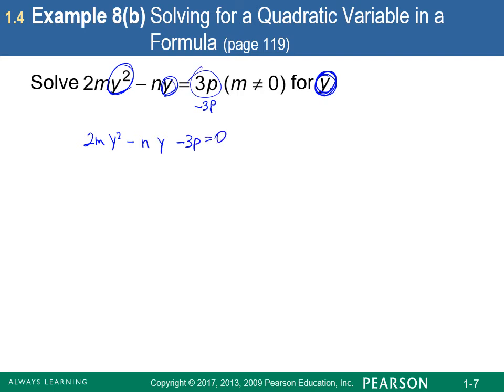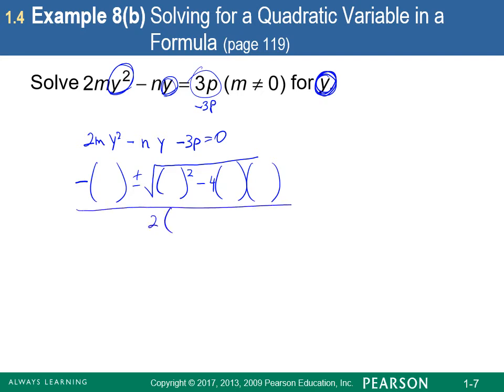Now, the quadratic formula, I'll just write out the blank version here. And again, you can look at your formula sheet and write out what I'm about to write straight off of the formula sheet. So the quadratic formula says negative b plus or minus the square root of b squared minus 4ac, over 2a.